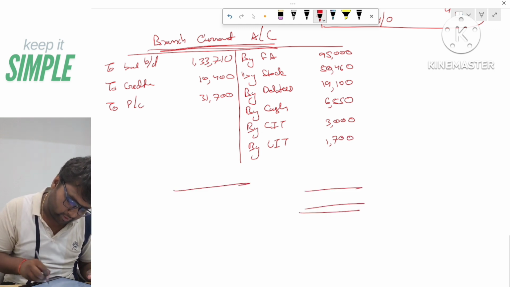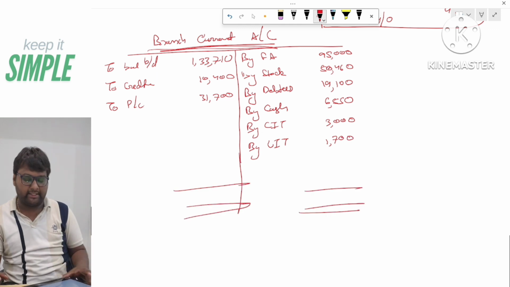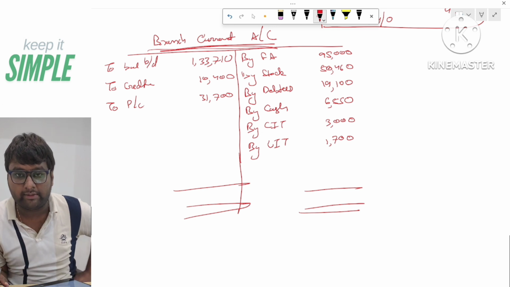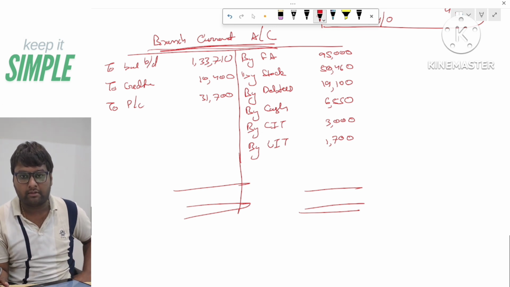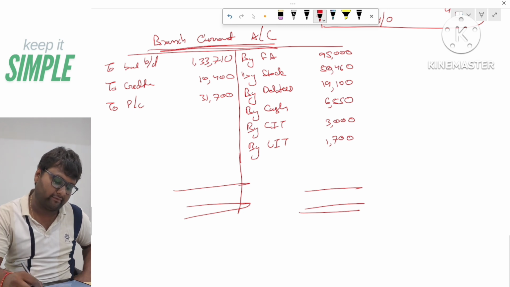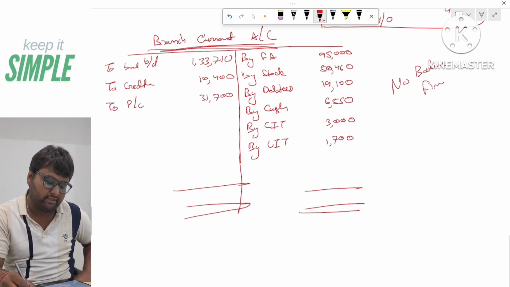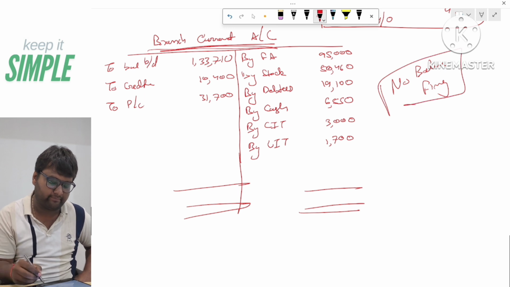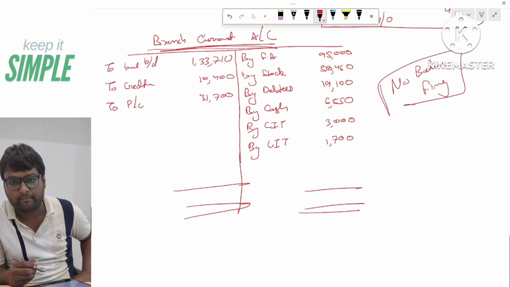Okay. So what will be the balancing figure? Tell me. No, there will be no balancing figure. This account should tally. Why?